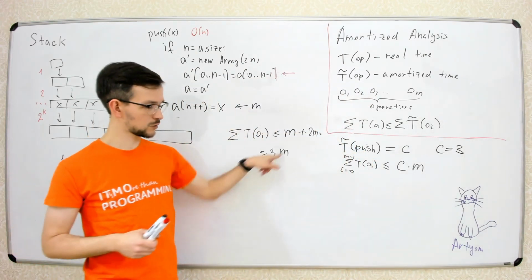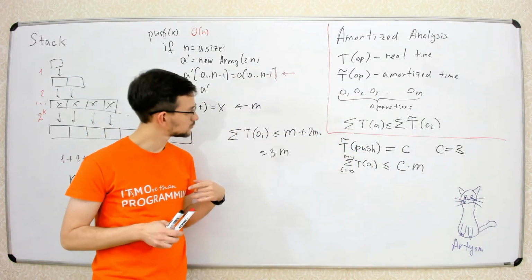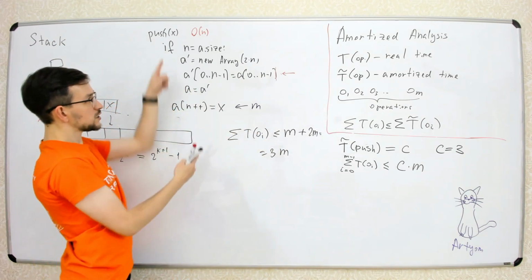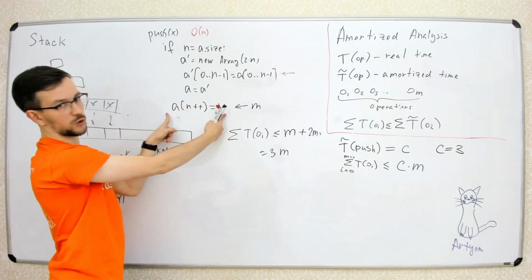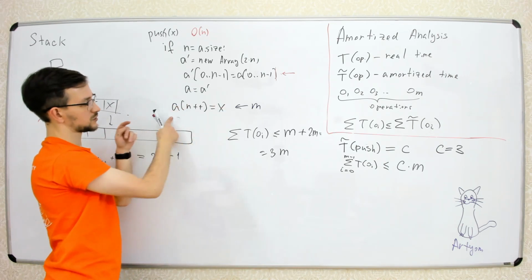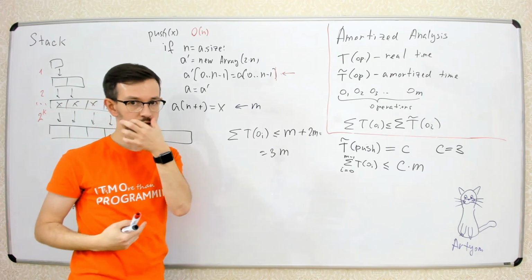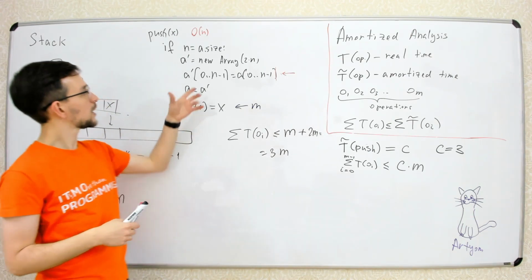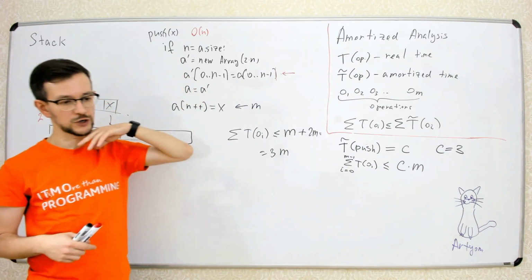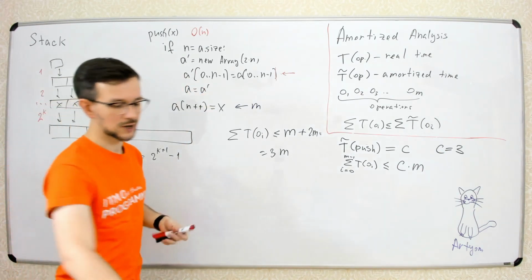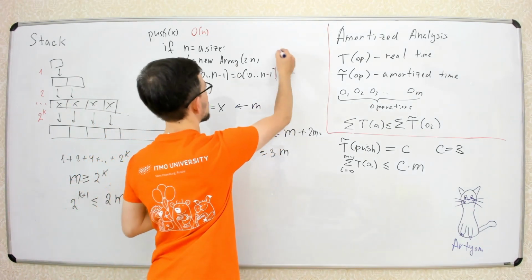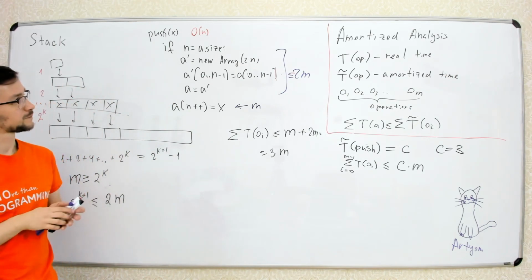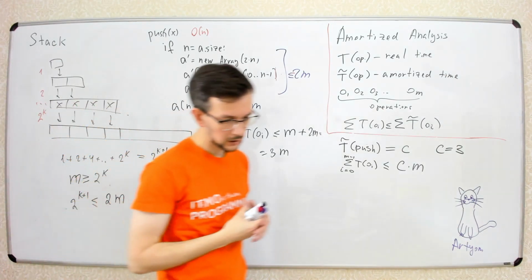Because m plus 2m equals 3m. Again, this m comes from this part. Each time we call push, we need to call this line, and this line spends a constant number of operations. So we spend m operations just executing this line. And to execute this line, we need n operations. So the total number of operations we spend here is 2n, no more. So at most 3n. Fine.